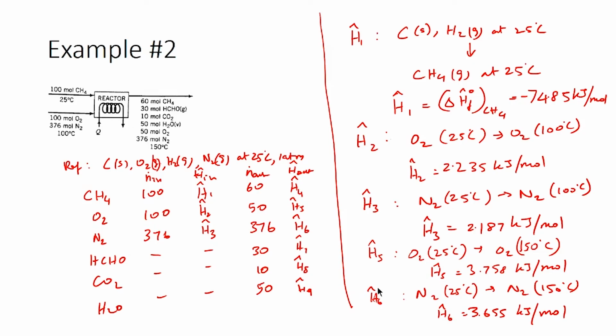Now, let us identify the values for H4 cap, H7, H8 and H9. Let us start with H4. So, what is H4 cap? What is the process we are looking at? You have carbon solid and hydrogen gas forming methane gas, which is one thing. These are all at 25 degrees Celsius. So, this is methane at 25 degrees Celsius which is formed, and this is then heated to methane at 150 degrees Celsius, which is the exit stream temperature. So, you have two steps.